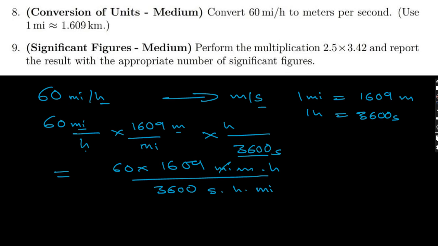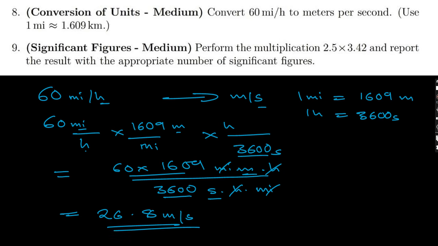Now you can see that miles and miles will cancel, and hour will cancel. On top, we're going to remain with meters. So when you multiply this and divide by 3600, you are going to get 26.80 meters per second, because down here we remained with seconds. So this is how you do that question.